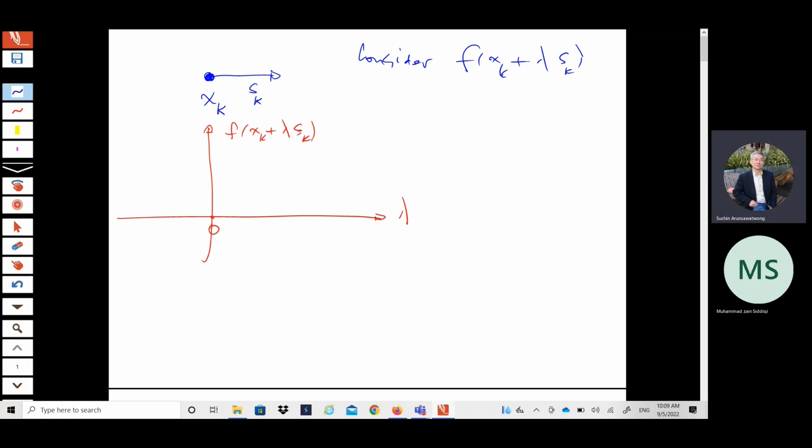Now, when we find the lambda, if we don't know anything about the property of the search vector sk, the lambda that reduces f(xk plus lambda sk) can be either negative or positive.